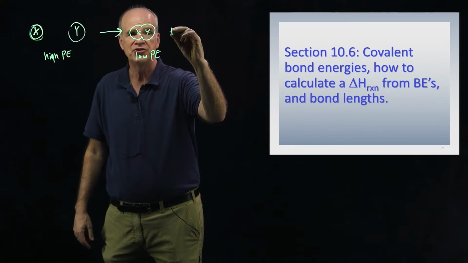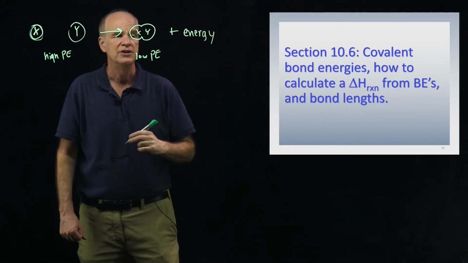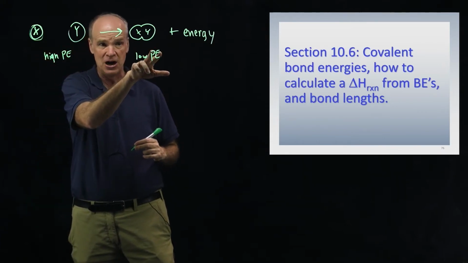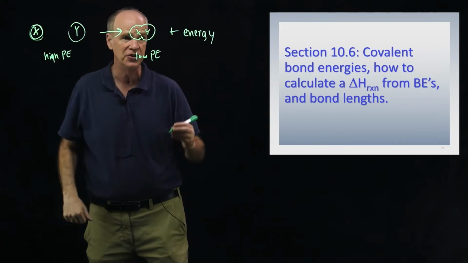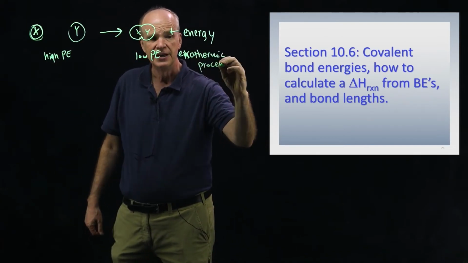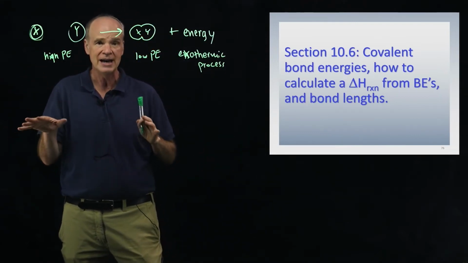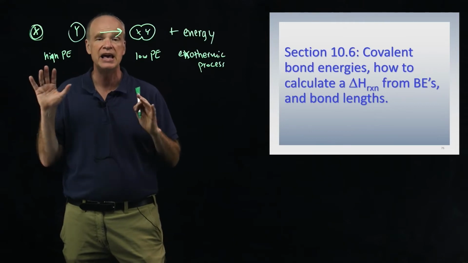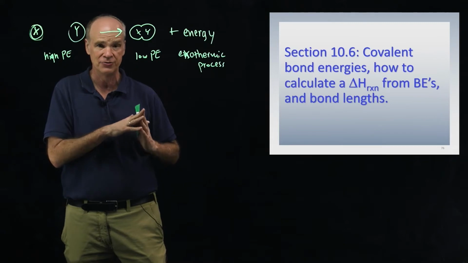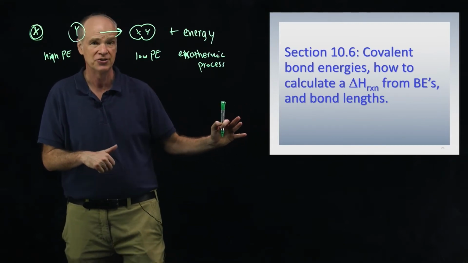So to finish this off, when you have atoms forming a bond to form a molecule, energy is released, and so this is considered an exothermic process. This is pretty much true for all atoms. Doesn't matter what kind of atoms you have. Any atoms that you bring together to stick together and form a molecule will release energy into space, and this is considered an exothermic process.